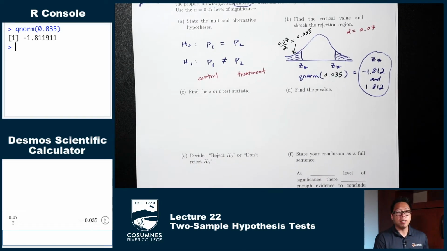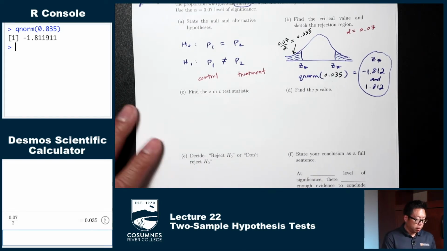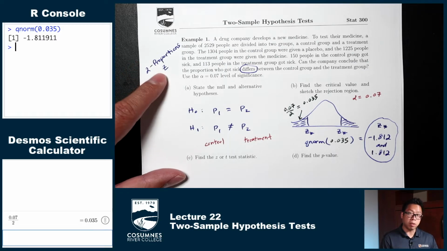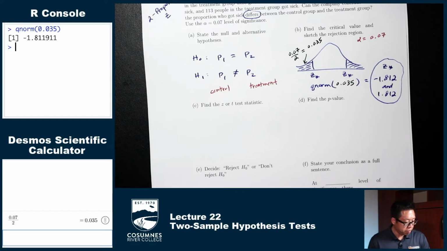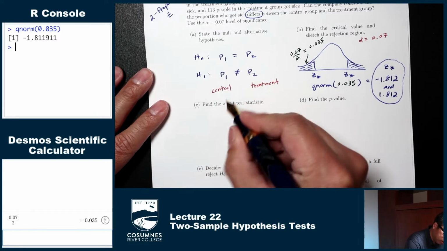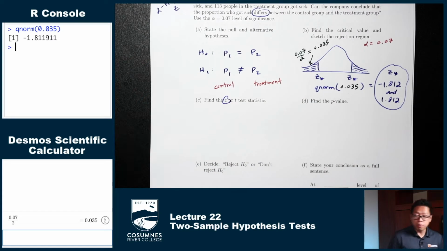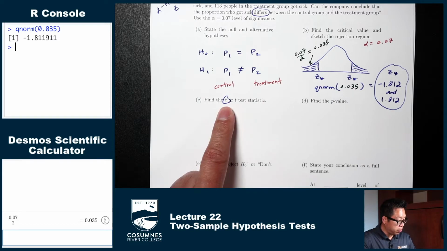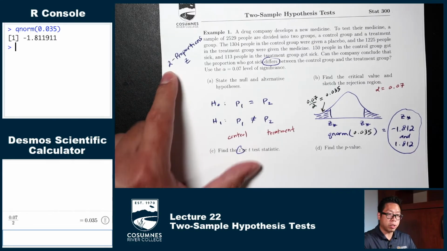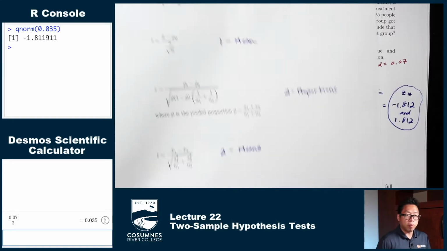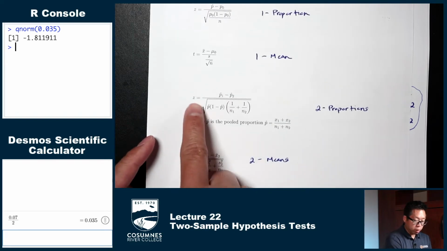Part C, find the Z or T test statistic. We're talking about proportions. We should be looking for Z. And this refers to the formulas on the front page. So we're talking about Z's, two proportions. The formula for two proportions is this one.